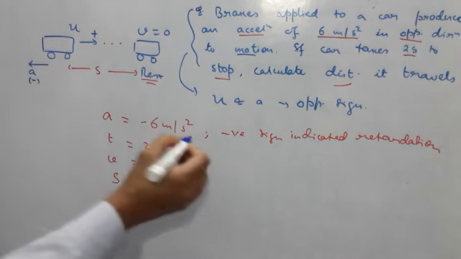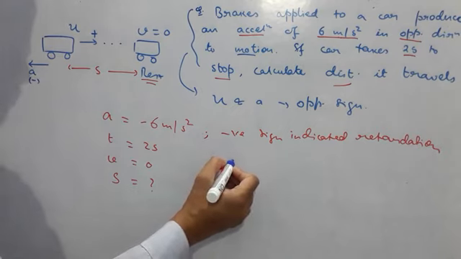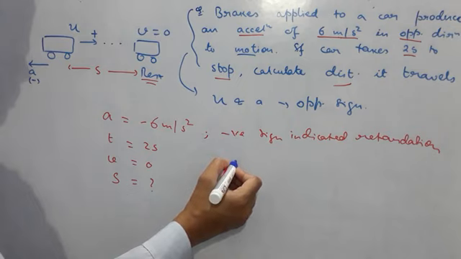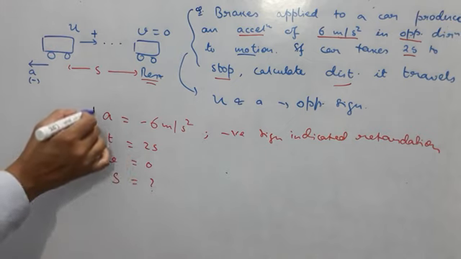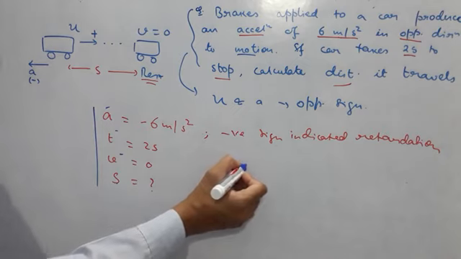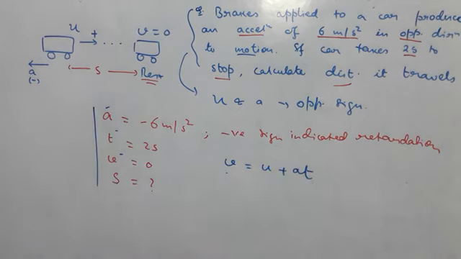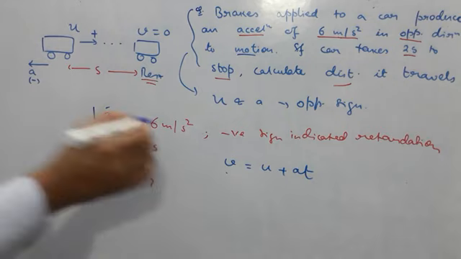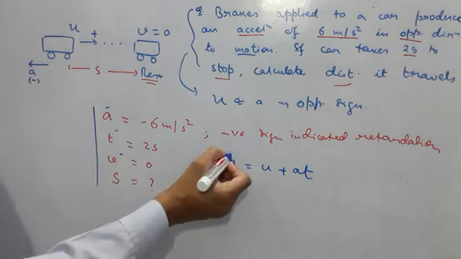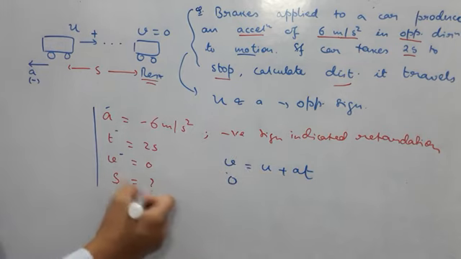Without u the formula is... we can do it directly actually. So a, t and v are given, so first we find u using this relation. So v is 0, put 0.